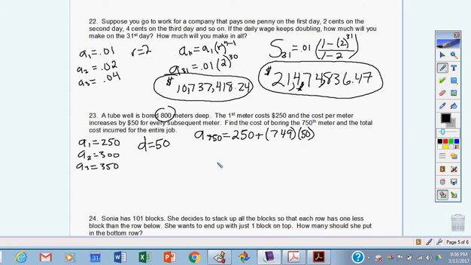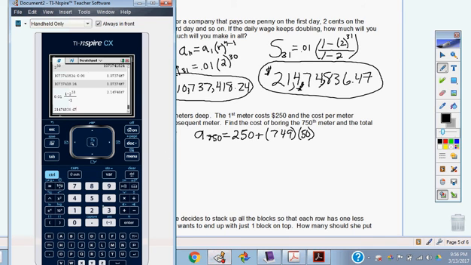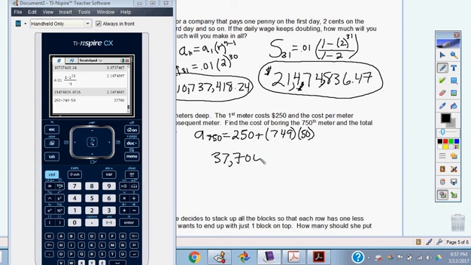So all you gotta do is crank out the calculation and you will find out how much that costs. So let's do that too. 250, and I'm going to add 749 times 50. All right, so 37,700.